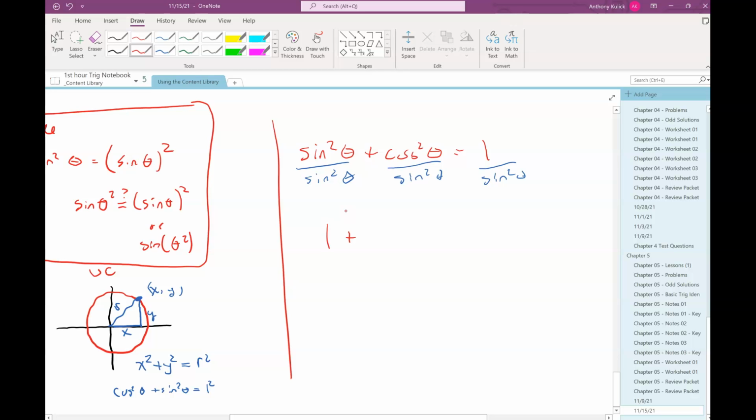If I go back and look at the quotient identities, I see that cotangent theta is cosine theta over sine theta. Everybody okay with that? So if I have cosine squared theta over sine squared theta, that's really like cosine theta over sine theta times cosine theta over sine theta, right? Which is cotangent theta times cotangent theta, or cotangent squared theta.